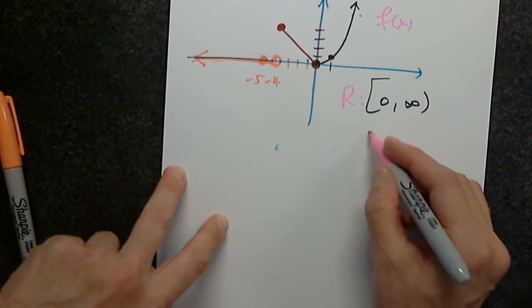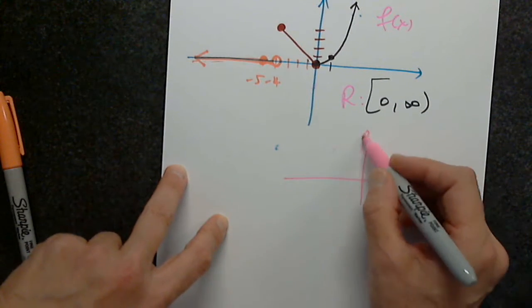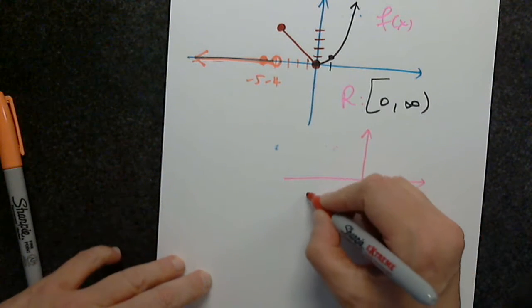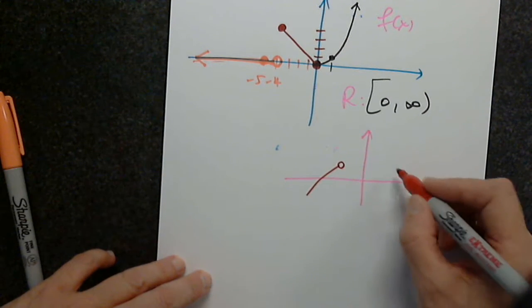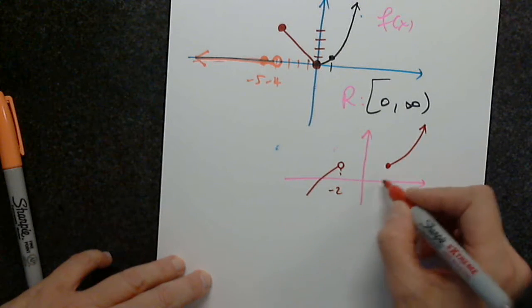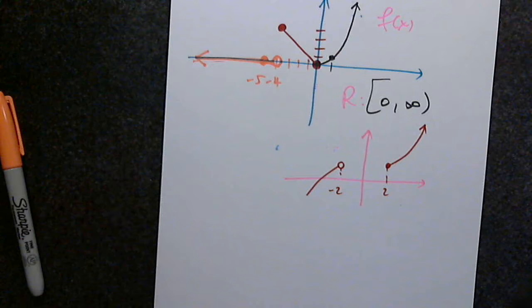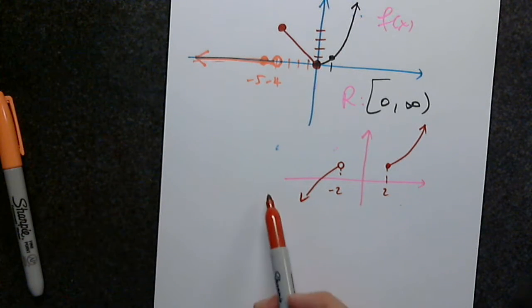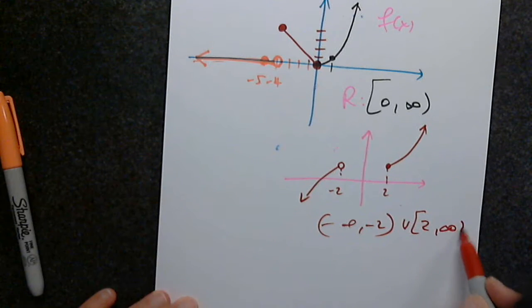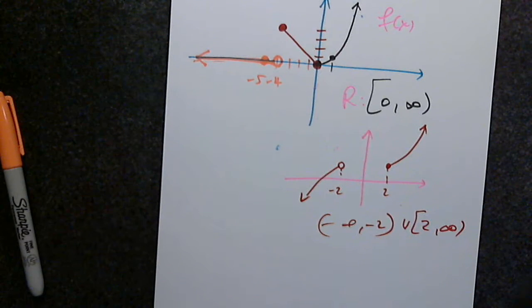So a potential graph will look like this. Excellent question. Thank you. The domain of this function is negative infinity, negative 2, union to infinity. Perfect question. Thank you.